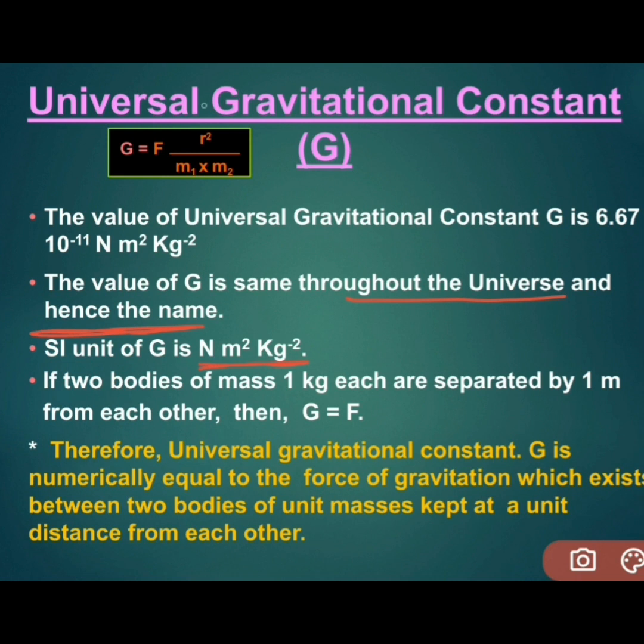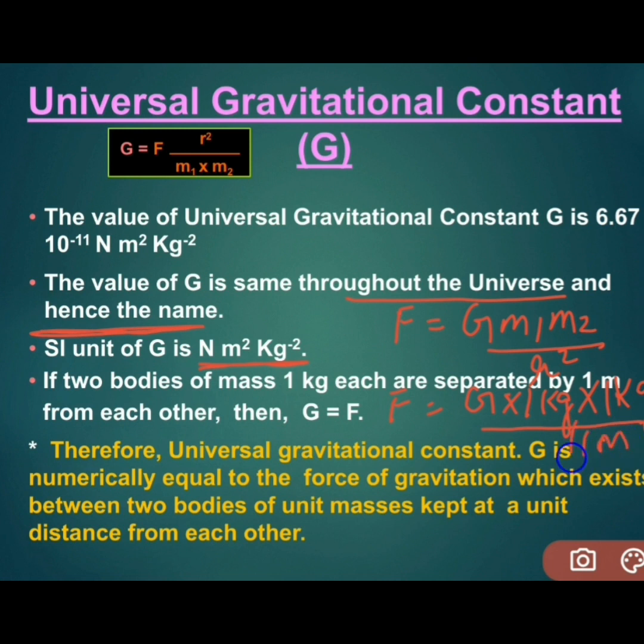How will you define this universal gravitational constant? The formula for the force of attraction is F is equal to capital G m1 into m2 by r square. Now, if I put the values of m1 and m2 as 1 kg and r equal to 1 meter, so r square is equal to 1 meter square. Then F is equal to capital G, with m1 as 1 kg, m2 as 1 kg, and r as 1 meter, so r square becomes 1 meter square.